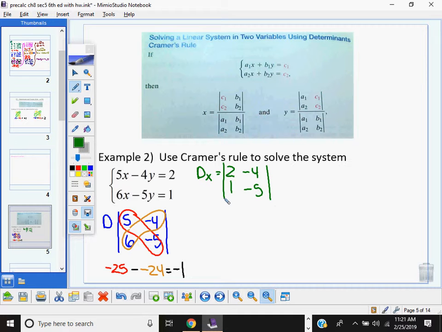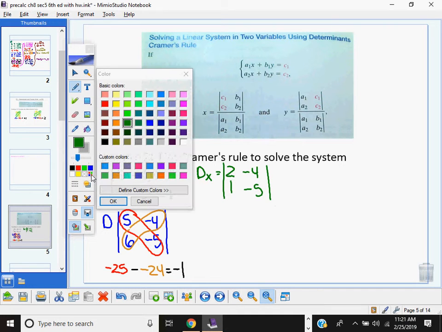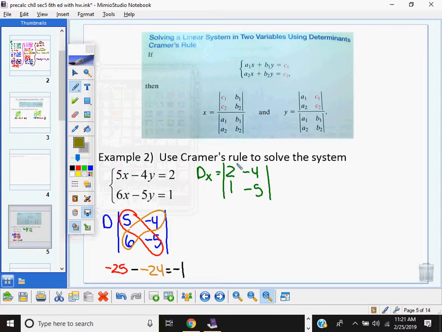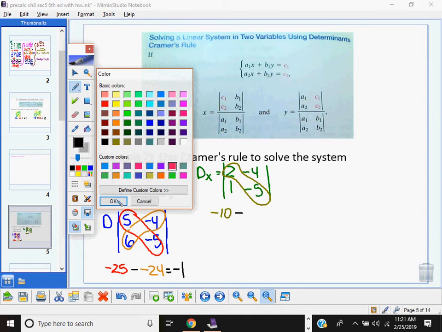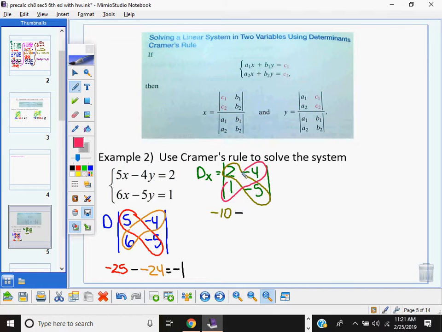I'll leave the y column the same. Okay, so now we're going to multiply down. 2 times -5 is -10. Minus, we multiply up. 1 times -4 is -4.